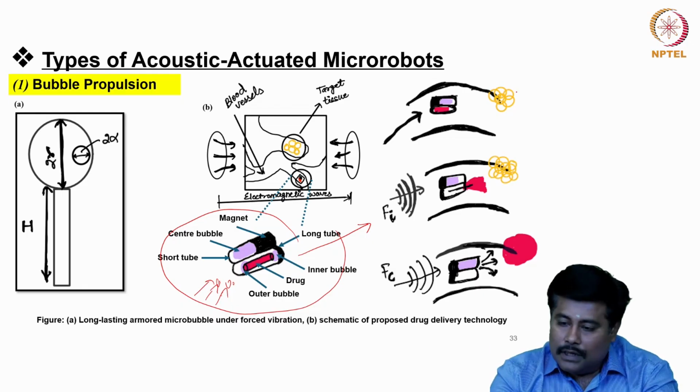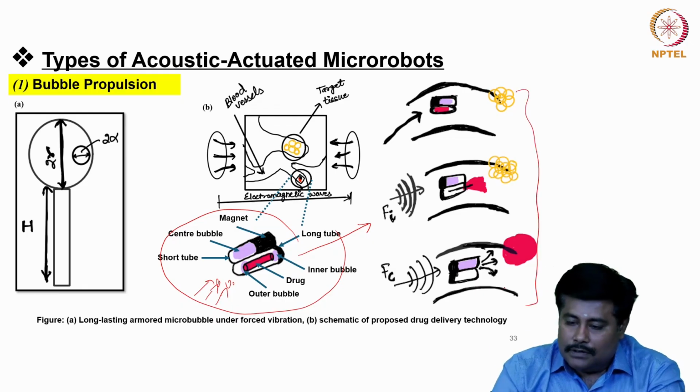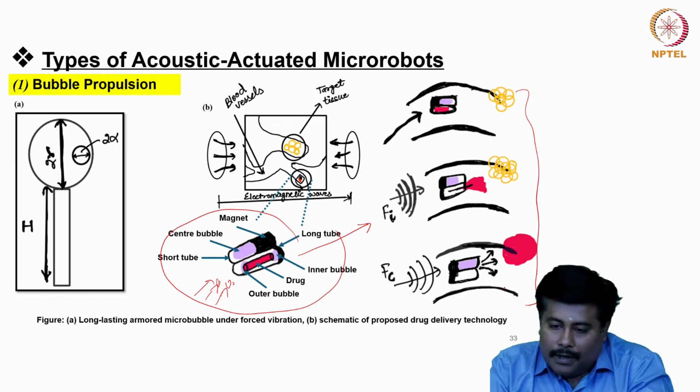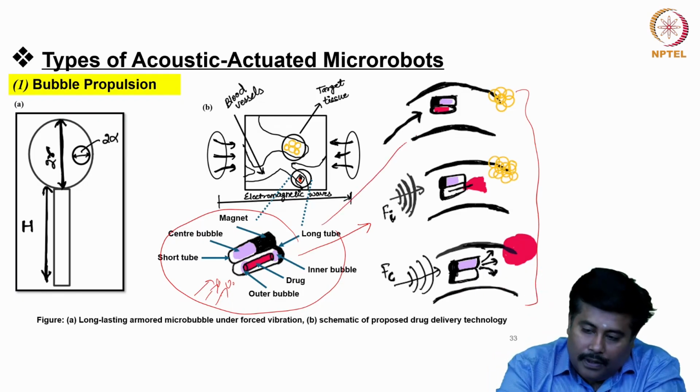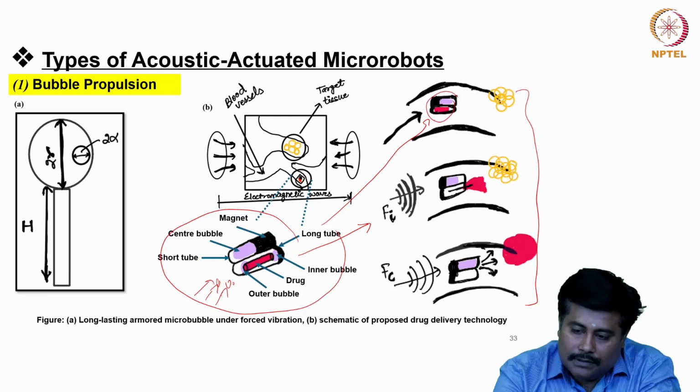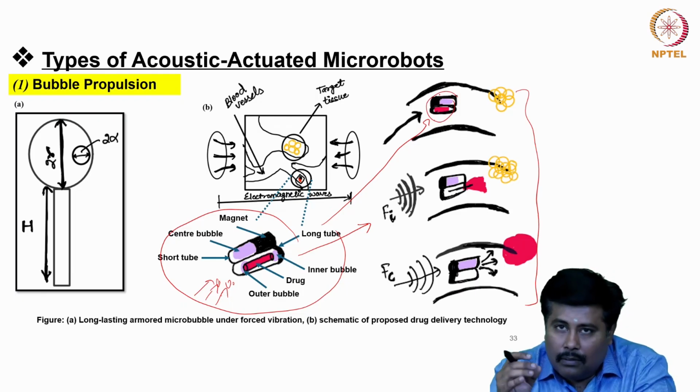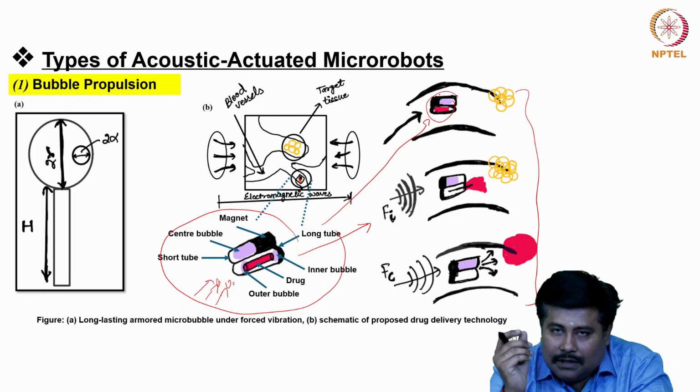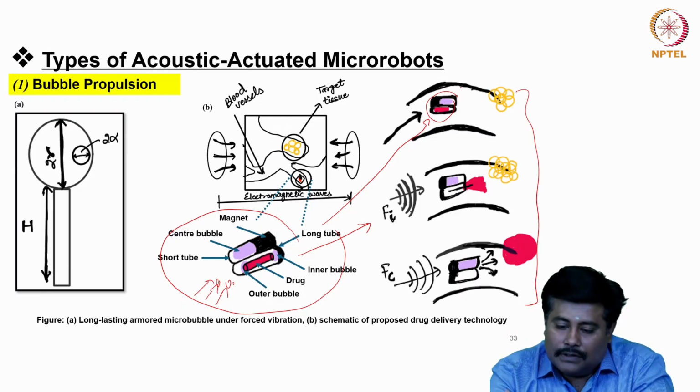If you closely observe the overall mechanism described in this schematic, let us consider the payload system as this. Basically this is a small micro robot which has the targeted drug placed over here.